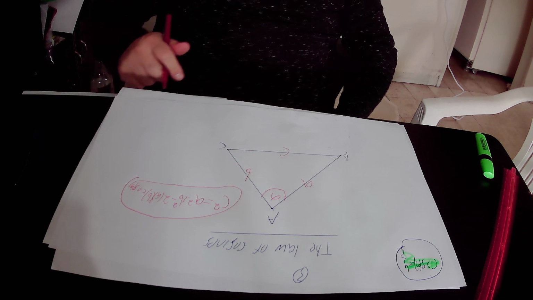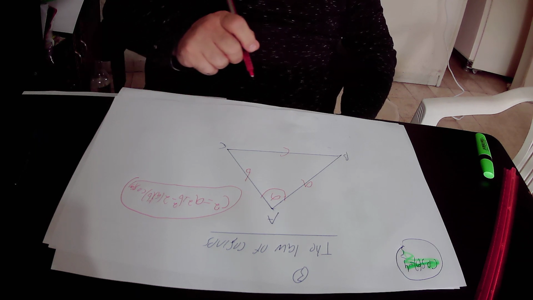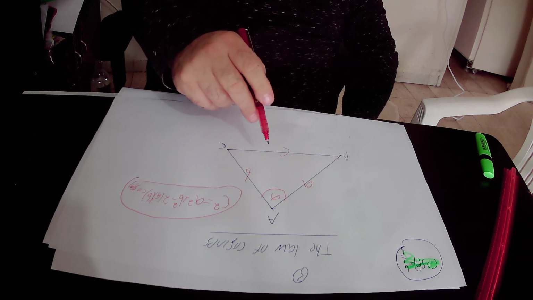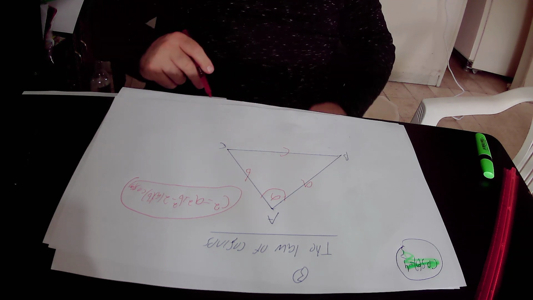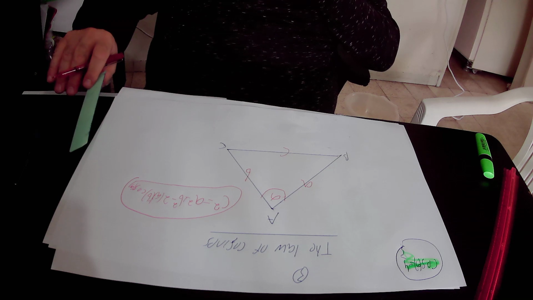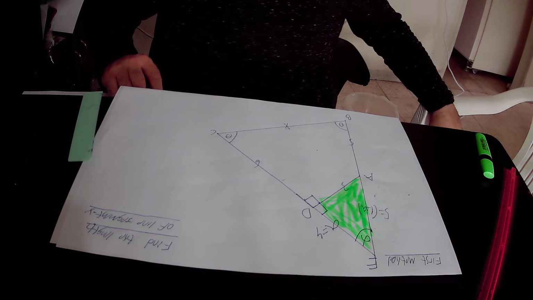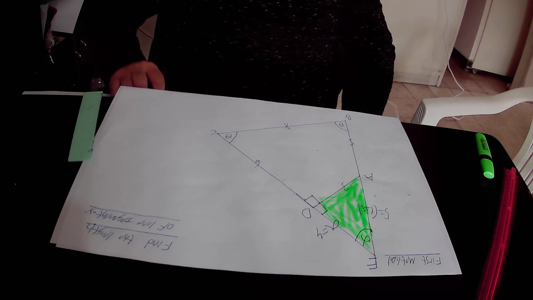I'll repeat again. According to the law of cosines, c squared equals a squared plus b squared minus 2 times a times b times cosine alpha. So we can implement the law of cosines in our triangle EBC, the big triangle EBC.